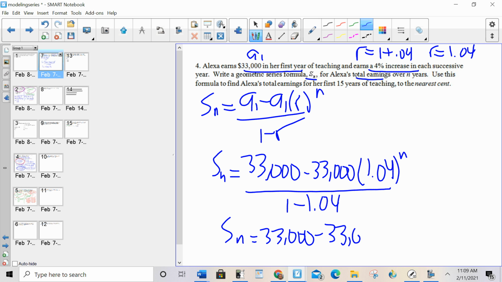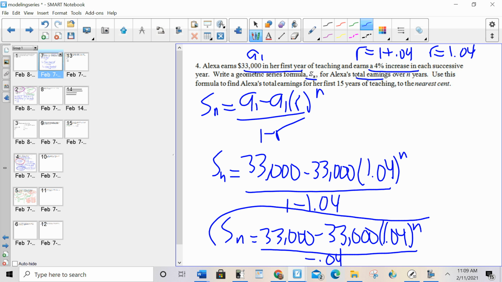All I can combine is the bottom. And that's the answer to the first part of the question. The most common mistake students make is they put 0.04 instead of 1.04. That's the most common mistake that we see with these questions. Again, R is 1 plus or minus the rate.